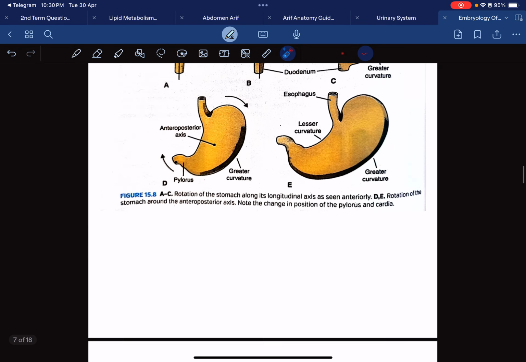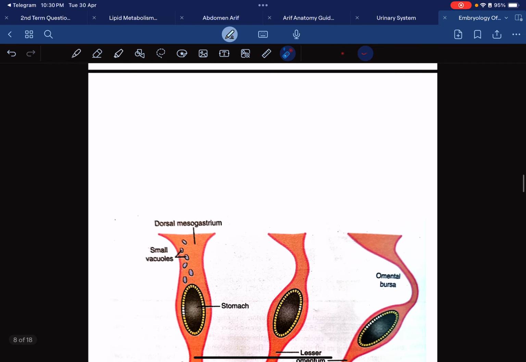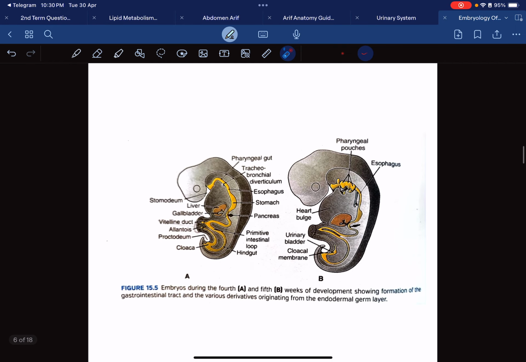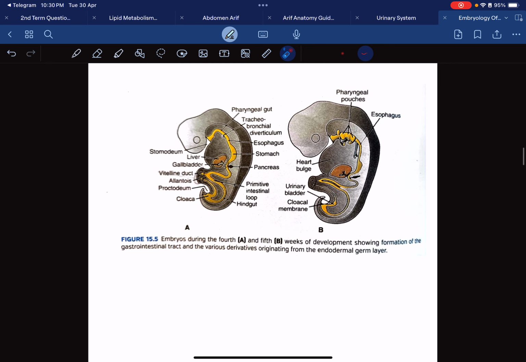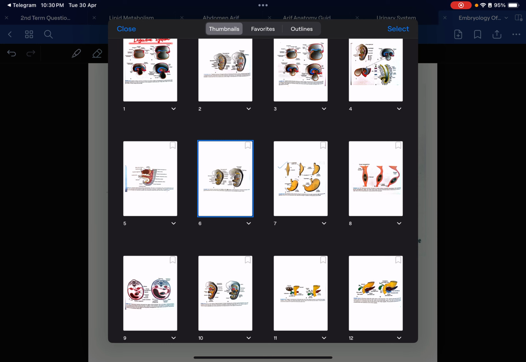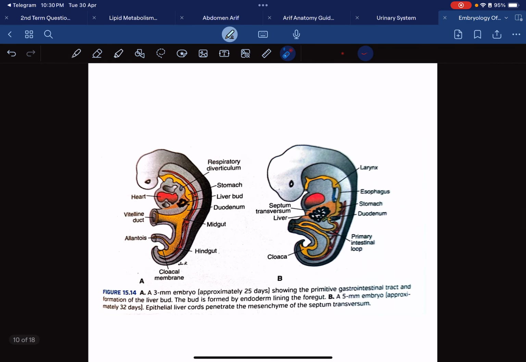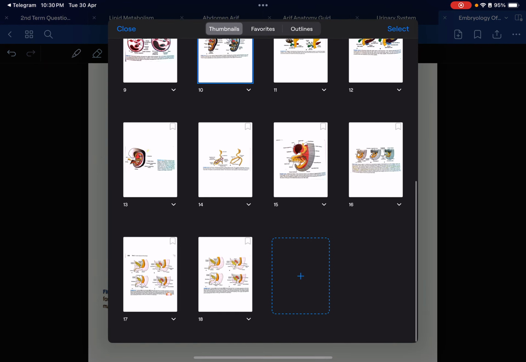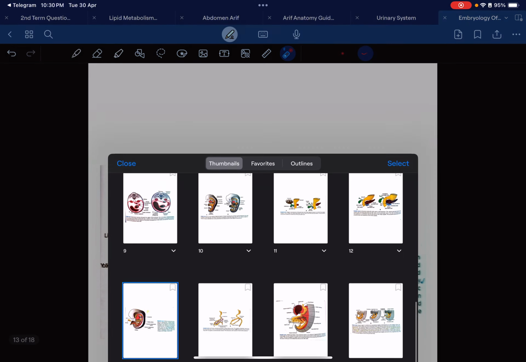So within the GIT, within the foregut, midgut and hindgut, we have the blood supply in a different case. So let's see the diagram of that. Probably this. Yes. No, not this one. No. Probably this. Yep.